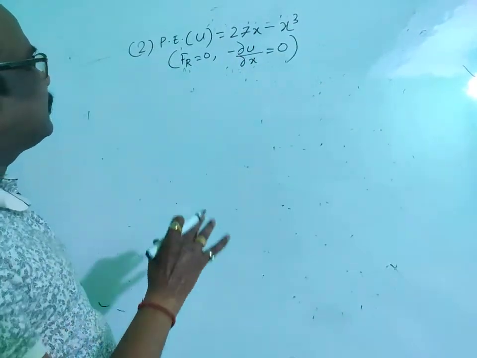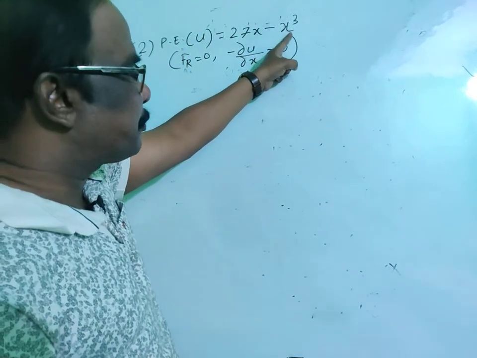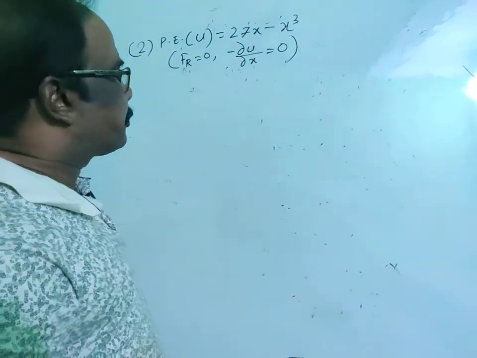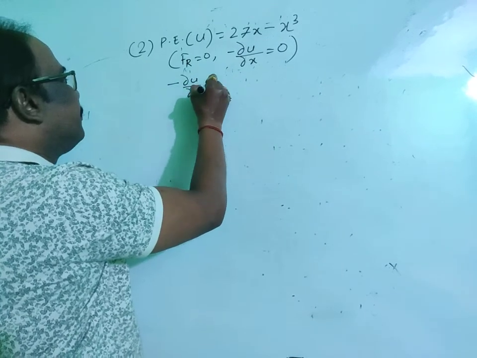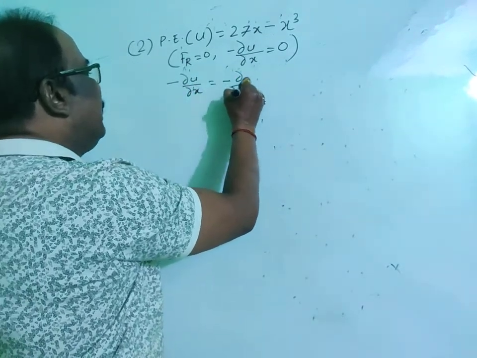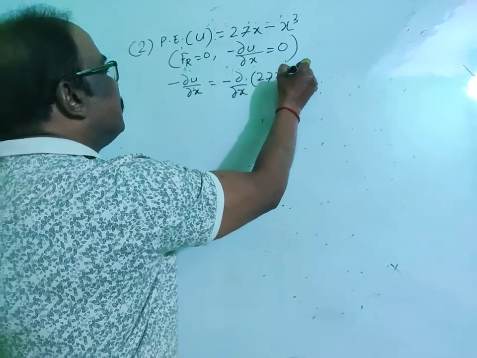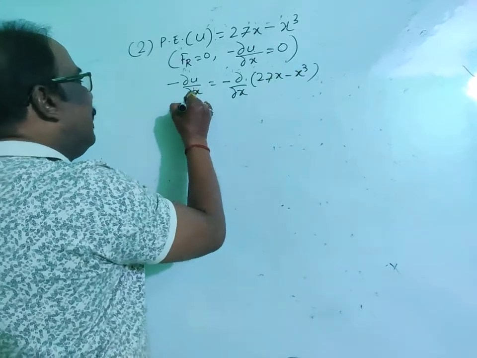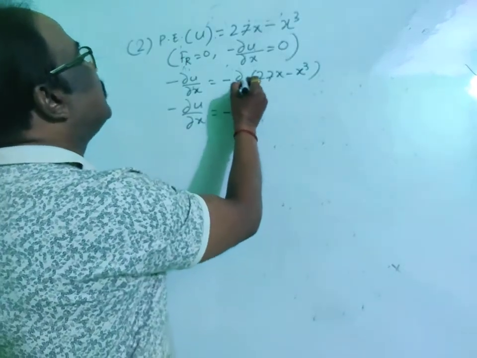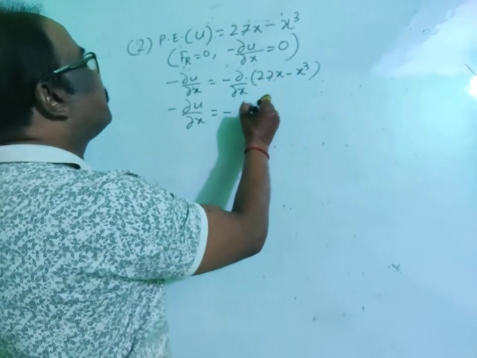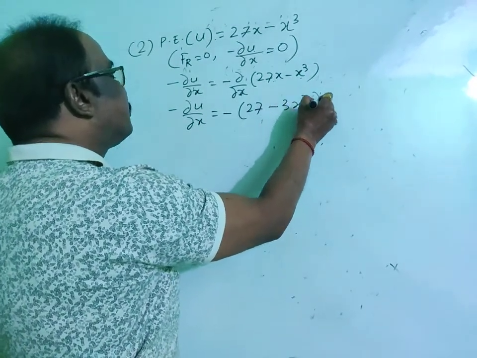These are two basic conditions. Again, expression for potential energy is 27x minus x cube. Then we will have minus du by dx, which is minus d by dx of 27x minus x cube. So minus d by dx of 27x is 27, d by dx of x cube is 3x square.